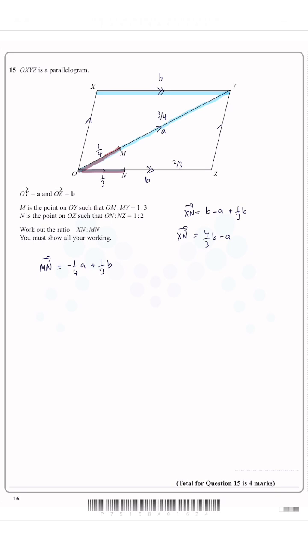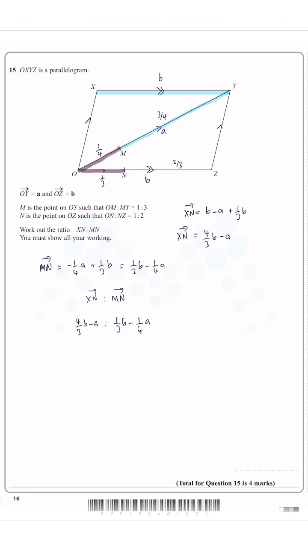I thought to write both of them as a ratio next to each other. So x to n and m to n, I've got 4 over 3b minus a. If I rewrite this in terms of 1/3 b minus 1/4 a, then this becomes 1/3 b minus 1/4 a.